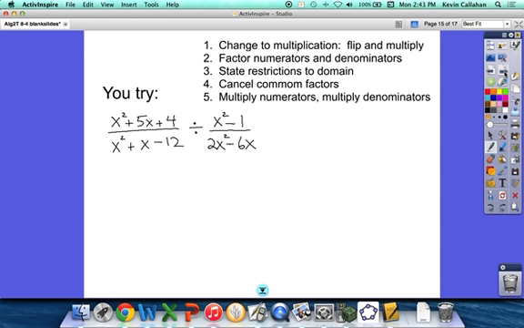So first make it a multiplication problem, then factor. Which is the hardest factoring?